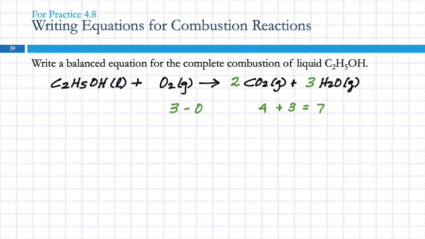But what we need to think about is our oxygens are spread out, right? So maybe I should have written them spread out. So this is 1 oxygen plus 2 oxygens giving me 3 oxygens. I want to make this total 7. I really don't want to put a coefficient on this one because that's going to change carbon and hydrogen, and then I'm going to go in circles.